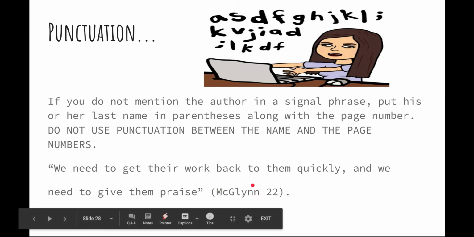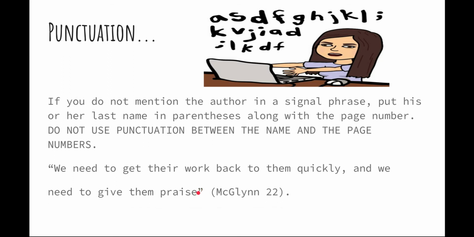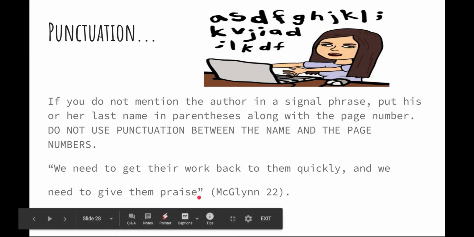This was from McGlynn on page 22. There is the period. It looks strange because normally, if we did not have this citation, the period would go inside the quotation mark. But with in-text citations, we put the period at the end.